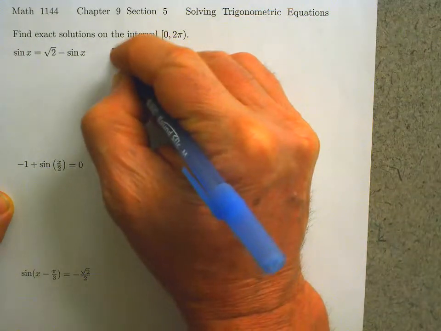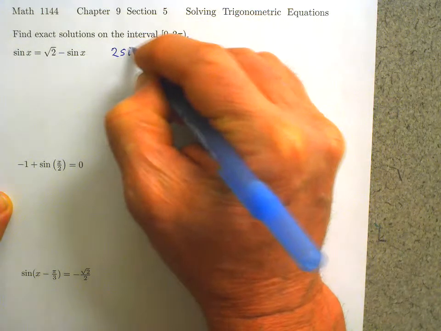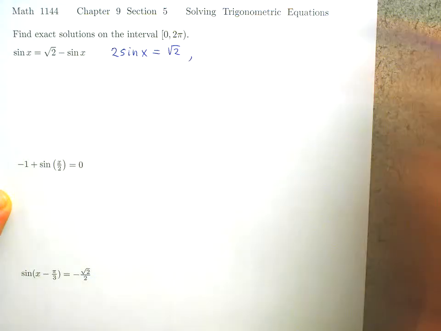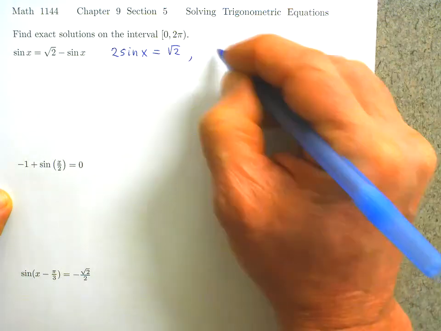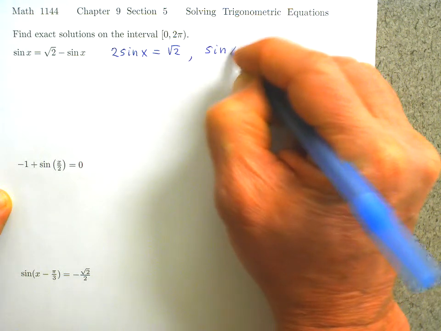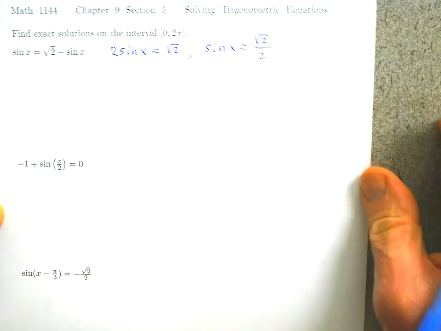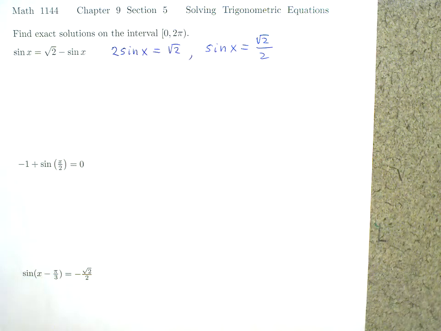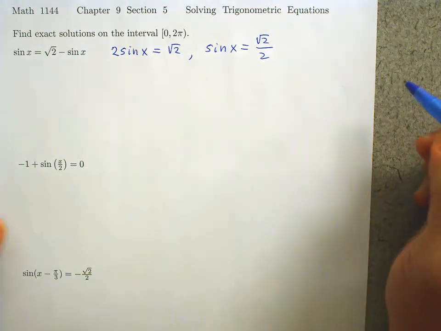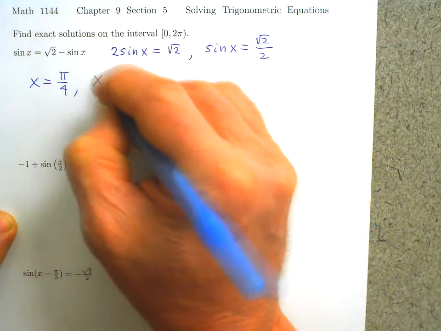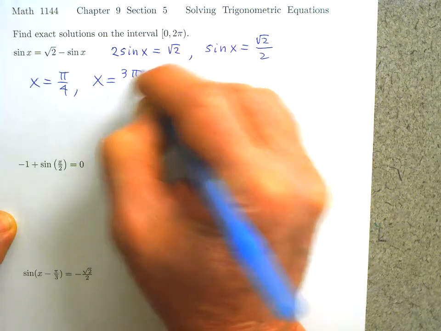So we get 2 times sine of x equals the square root of 2. And then divide both sides by 2. Sine of x equals the square root of 2 over 2. So the solutions involve special angles. Sine of x equals the square root of 2 over 2 when x equals pi over 4 in the first quadrant and 3 pi over 4 in the second.